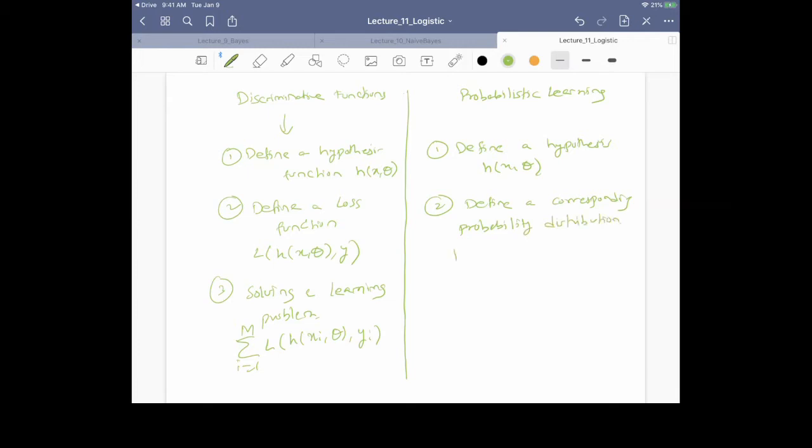This probability distribution is going to be either a joint probability, like what we saw in the case of naive Bayes, which is P of x, y, comma theta, or a conditional probability where we directly model P of y given x, comma theta. This is what we did in naive Bayes, and this is what we are going to do in logistic regression.